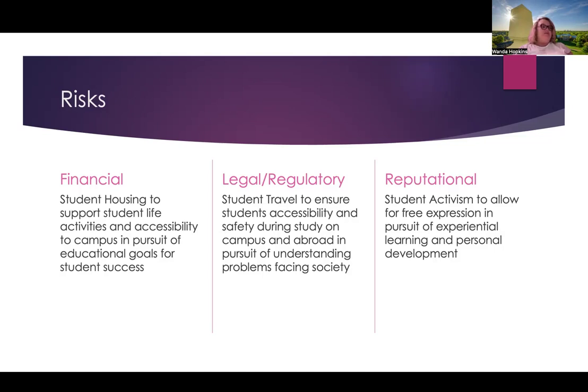What could cause this would be such things as routine maintenance, unexpected repairs, deferred maintenance, damage caused by students and student organizations, natural disasters. The list goes on and on.